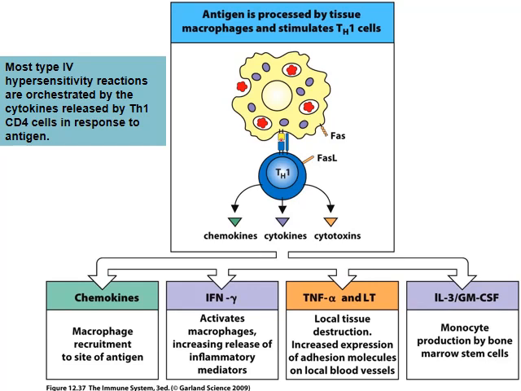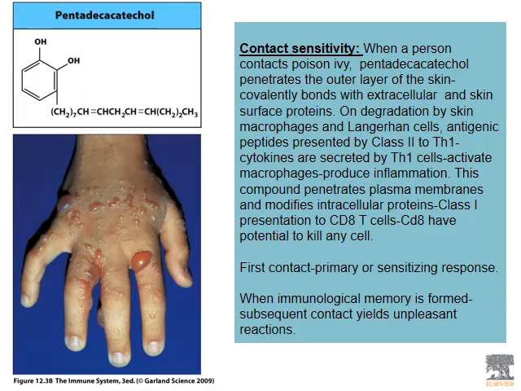Okay? And if you look at the example for that, contact hypersensitivity, this is a typical feature that you will see, like poison ivy. That's a typical picture that we normally see. So we have a first contact in terms of a primary or sensitizing response, and then there's a second contact that comes over here, and this is the structure of the molecule that causes this.